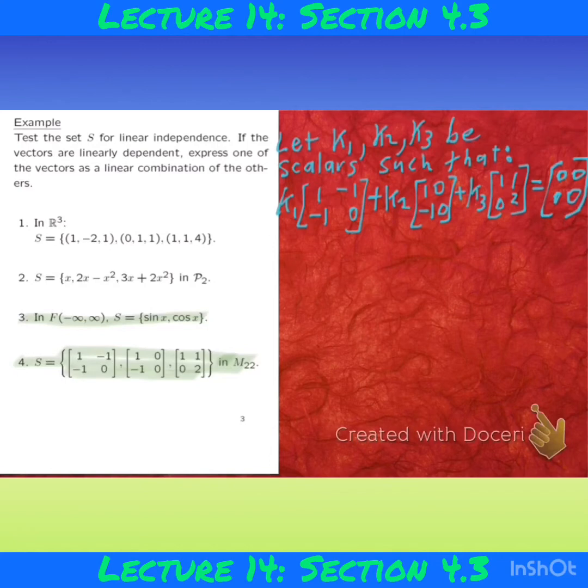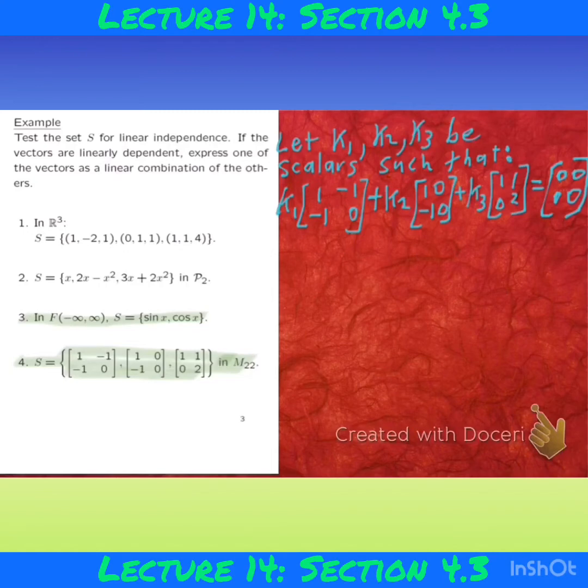Let K1, K2, K3 be scalars such that K1 times the first matrix plus K2 times the second matrix plus K3 times the third matrix is equal to the 0 vector. And what's the 0 vector in M22? It's the 2 by 2 zero matrix.